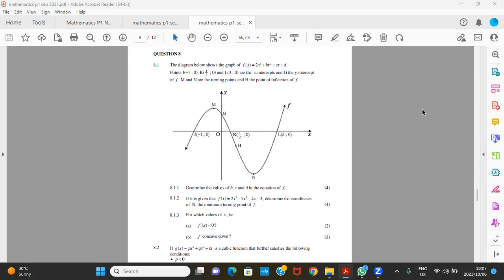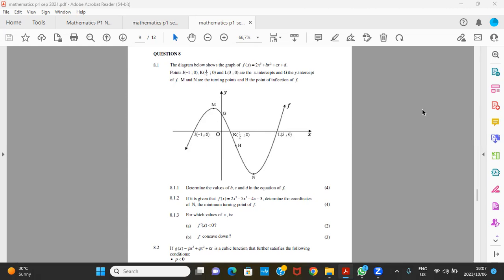We have the coordinates of all of our x-intercepts, and they say M and N are the turning points, and H the point of inflection of f.